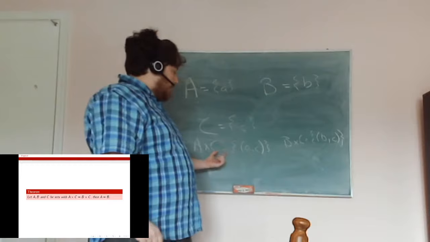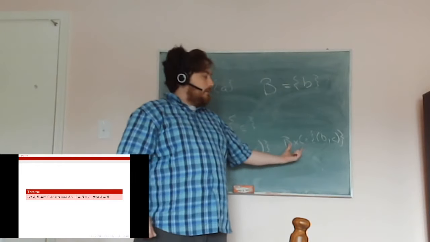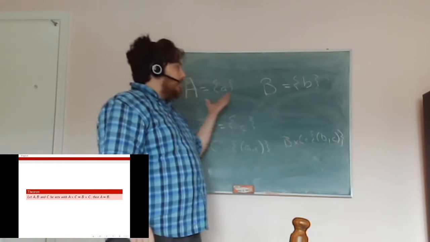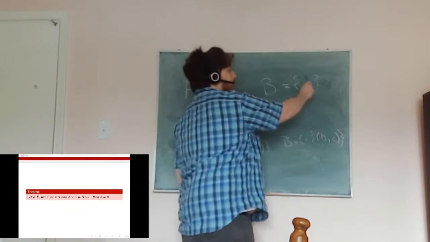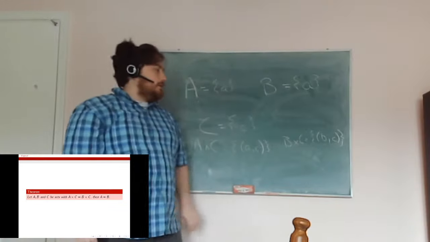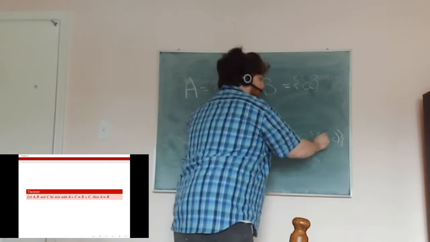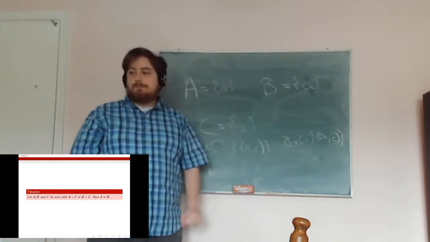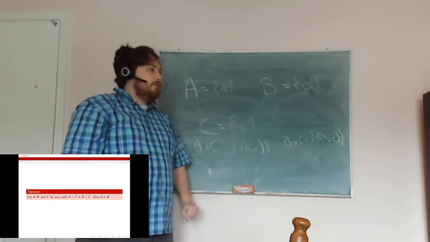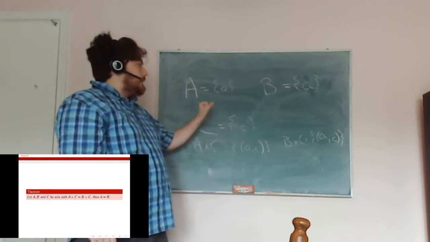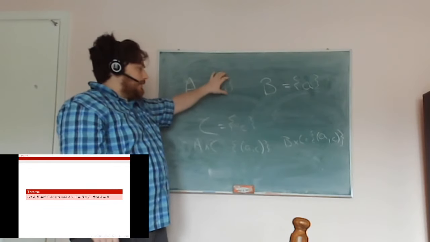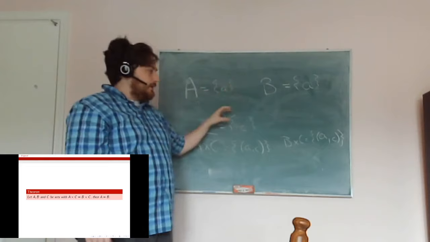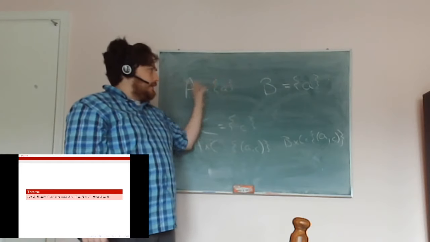So therefore, in order for A cross C to be equal to B cross C, we must have that A is equal to B. So what we're seeing here is that if I have something like this where it's one element each, and I take A cross C and get B cross C, then it would have to be the case that A is equal to B.